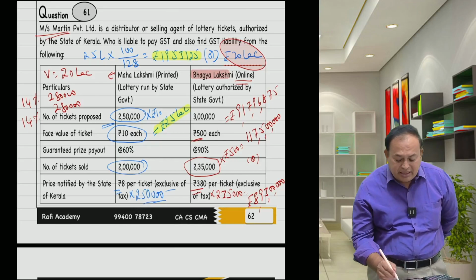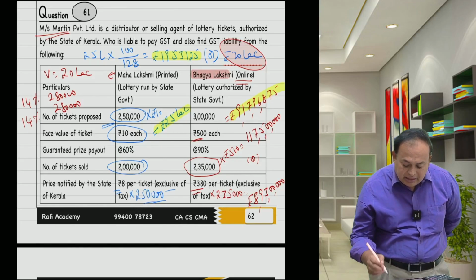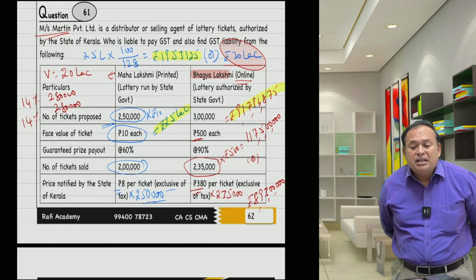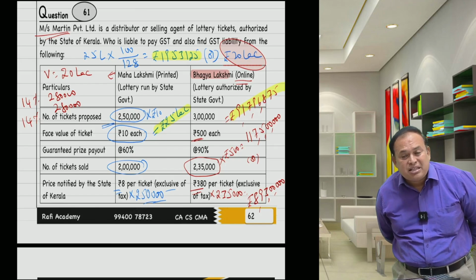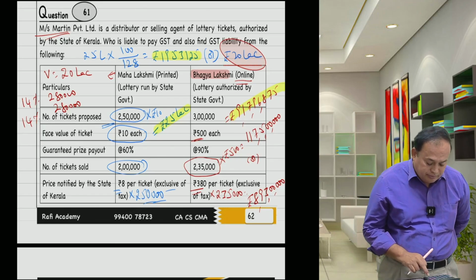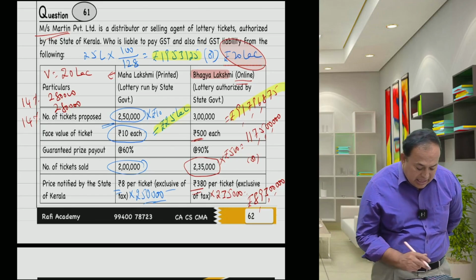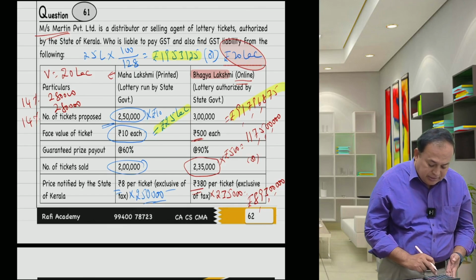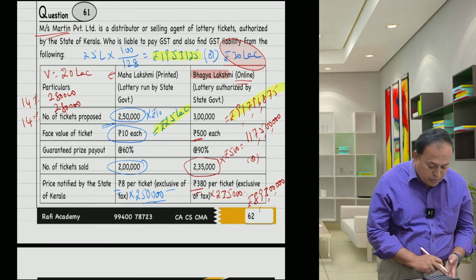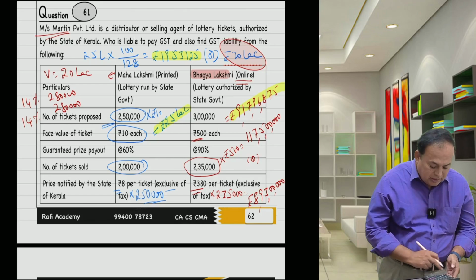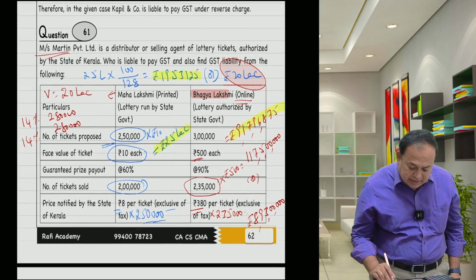Whichever is higher, which is higher here? 9 crore 17 lakh 96,875 is the higher amount, on which CGST 14%, SGST 14%. 9 crore 17 lakhs 96,875 multiplied by 14%, which is equal to CGST here.